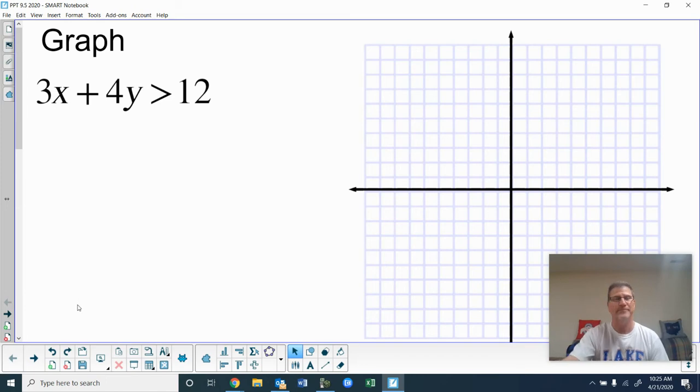So let's go to this first inequality. We've got 3x plus 4y is greater than 12, and we're going to graph it on our graph paper here. But the first thing we want to do when we graph is solve for y, get y by itself. So I'm going to take the 3x to the other side, so I have to subtract it.